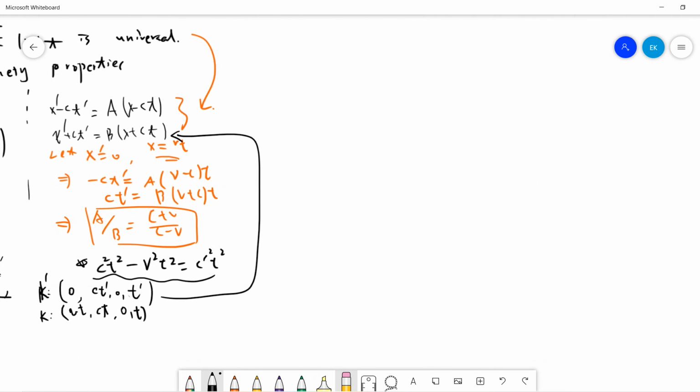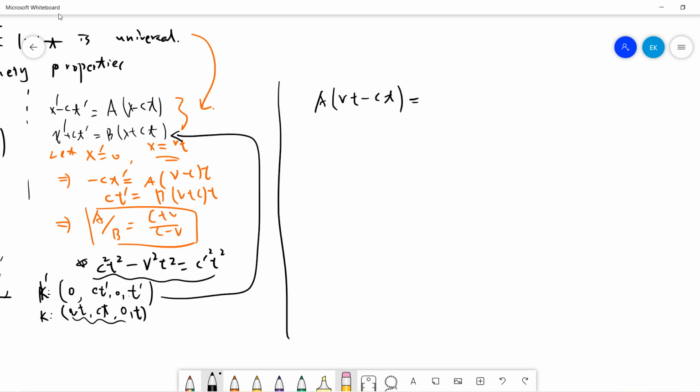Let's see. I write x equals vt, so I get vt minus ct equals x prime minus ct prime. Since x prime is 0, this is just minus ct prime.